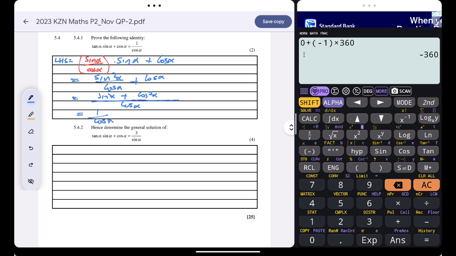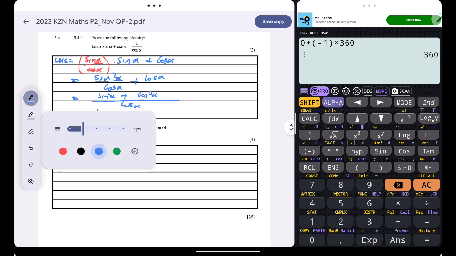So whenever I see the left hand side, I can simply substitute the right hand side and have 1 over cos A is equal to 3 over sine A.